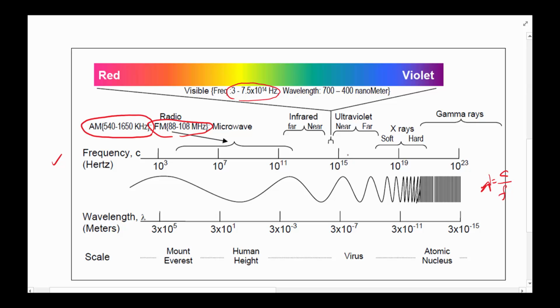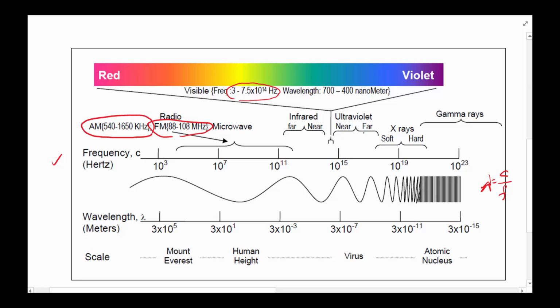The frequency of visible light is only from 3 to 7.5 times 10 to the 14 hertz. In other words, visible light is at about 300 to 7,500 terahertz, 10 to the 12. And you may have heard of ultraviolet light. That's above.